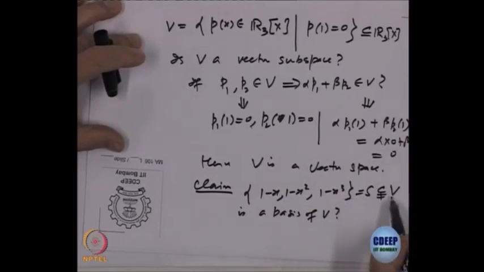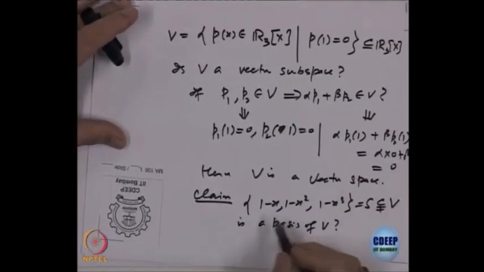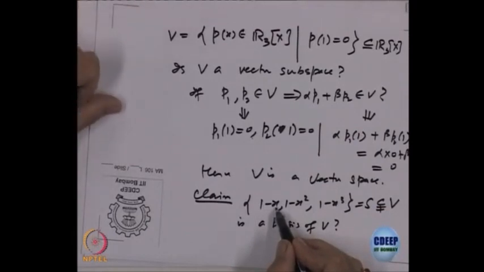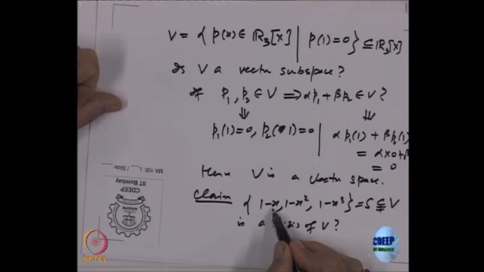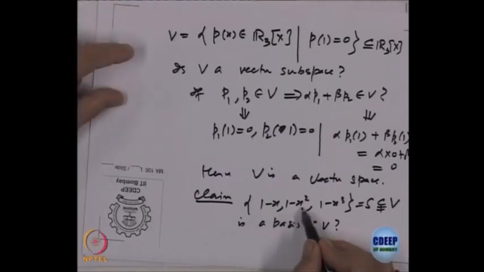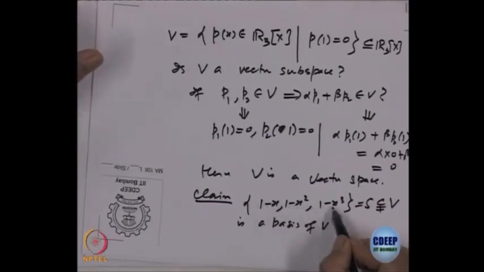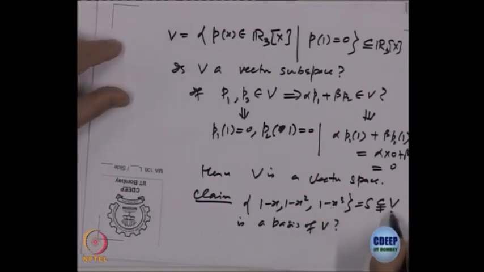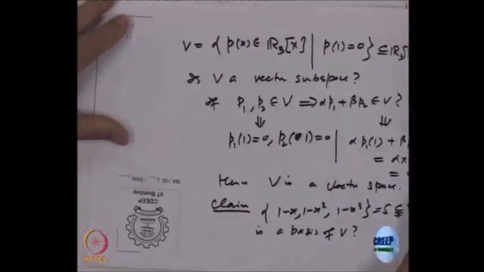First of all, I do not know whether it is a subset or not, I should verify that also, right. So, if I put x equal to 1, this is 0. So, p1(1) is 0, p2(1) is 0, p3(1) also is equal to 0. So, these 3 polynomials p1, p2, p3 are in V. So, that is not a problem. So, it is a subset.